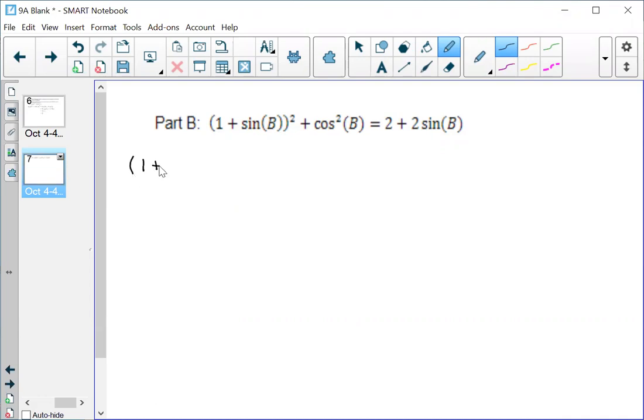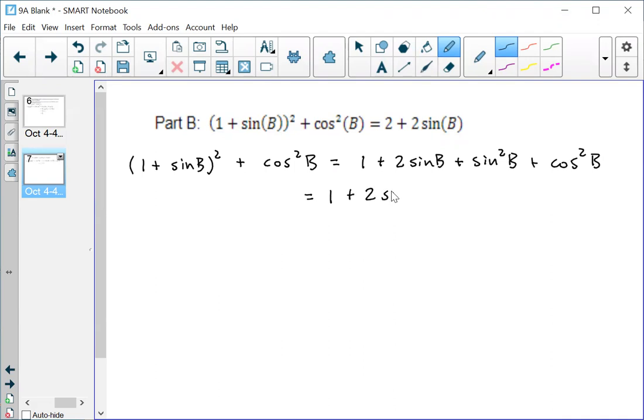I have 1 plus sine of B squared plus cosine squared B. If we square this binomial, we get 1 plus 2 sine B plus sine squared B. And then we have a plus cosine squared B, equals 1 plus 2 sine B plus, and we have the sine squared plus cosine squared, which is just 1.